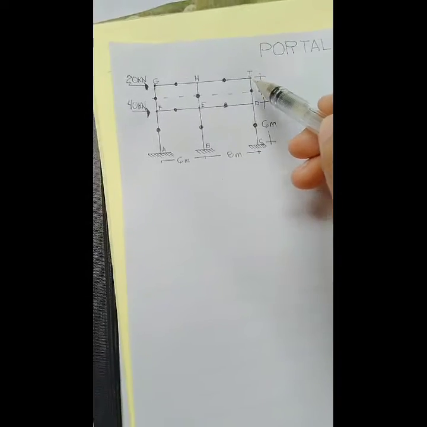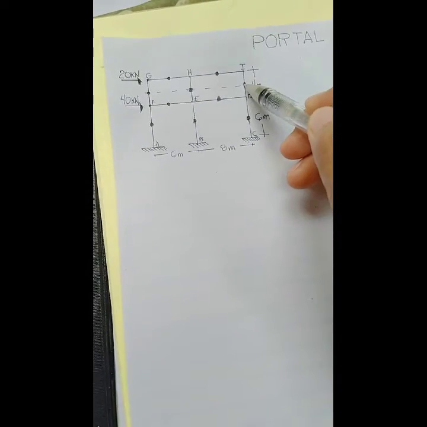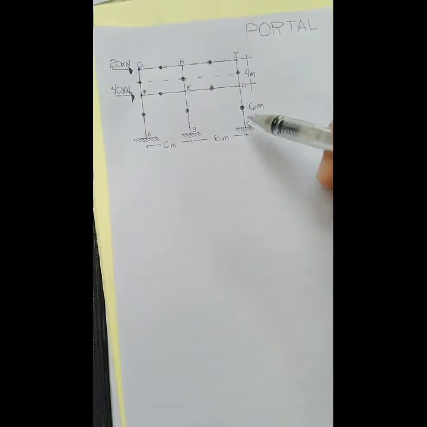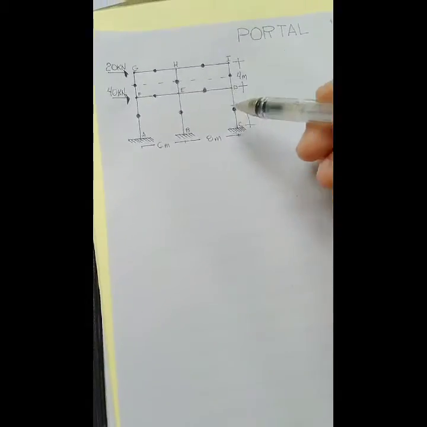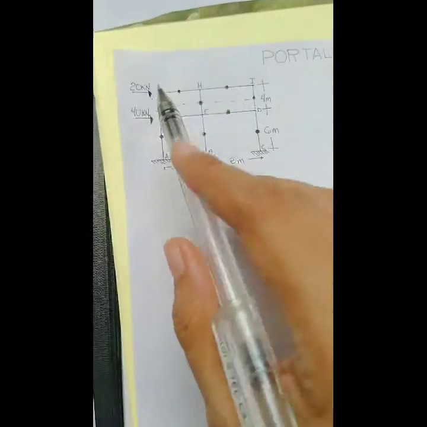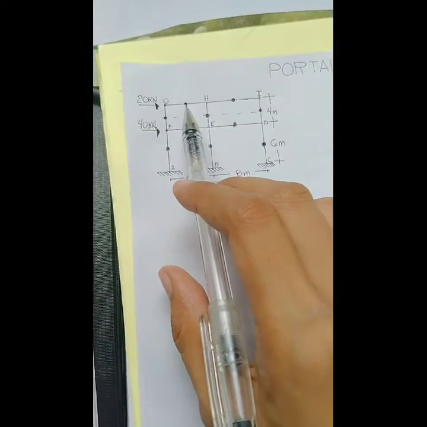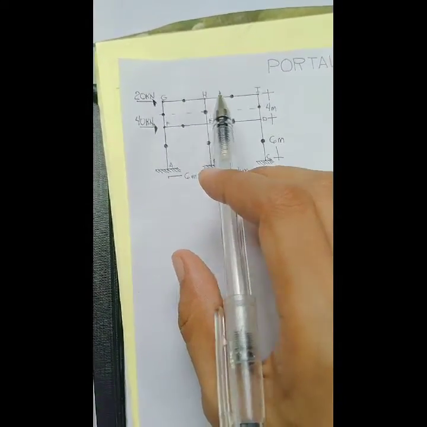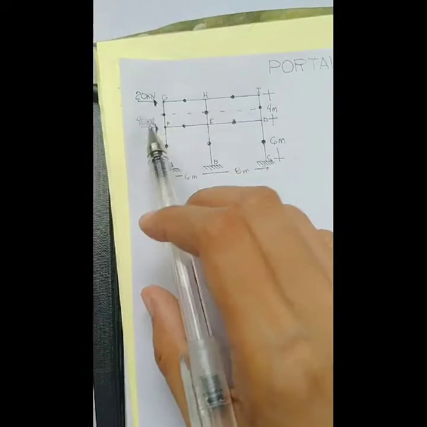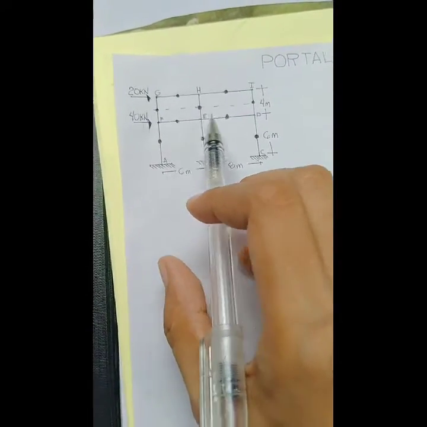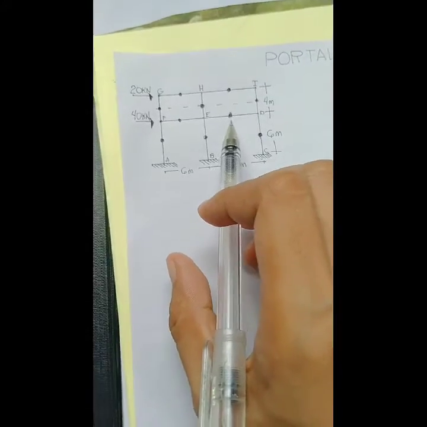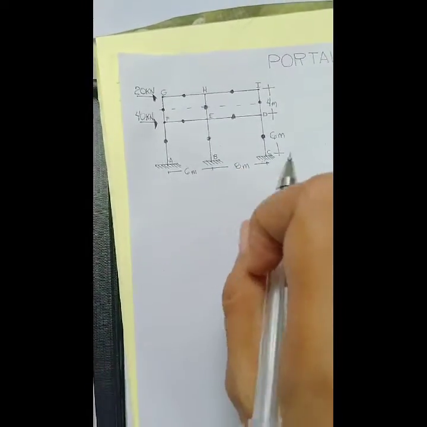Also in I and D, this point D to C, ito yung point of contraflexure. Yan yung sa column. Sa girder naman, between G and H, yung middle nun. H to I, middle nun. F to E, middle nun. And E to D, yung middle nun.